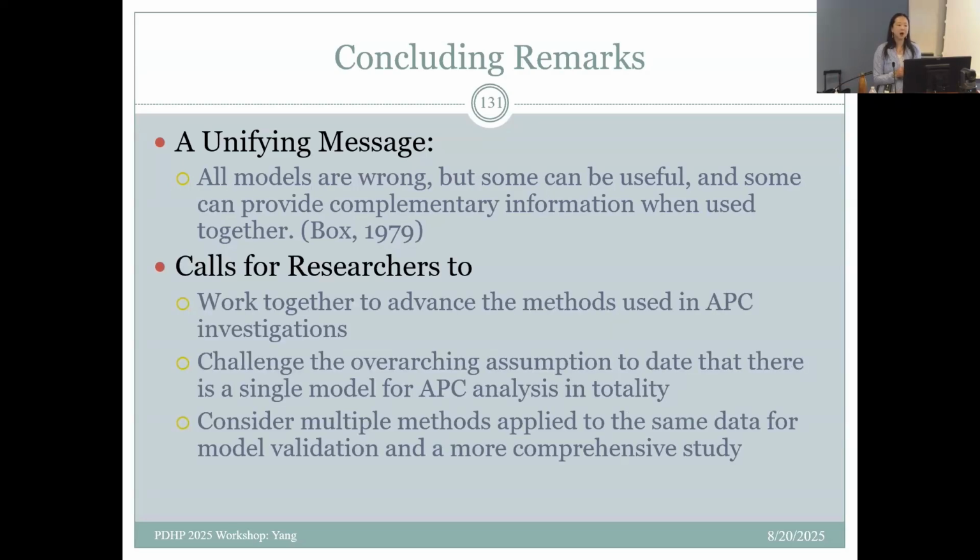And so I like to make calls for researchers to work together to advance the methods used in APC-related investigations, to challenge the overarching assumption today that there's a single model, a single method for APC analysis in totality, and consider multiple methods applied to the same data for model validation and a more comprehensive study, oftentimes involving multiple methods and multiple data.